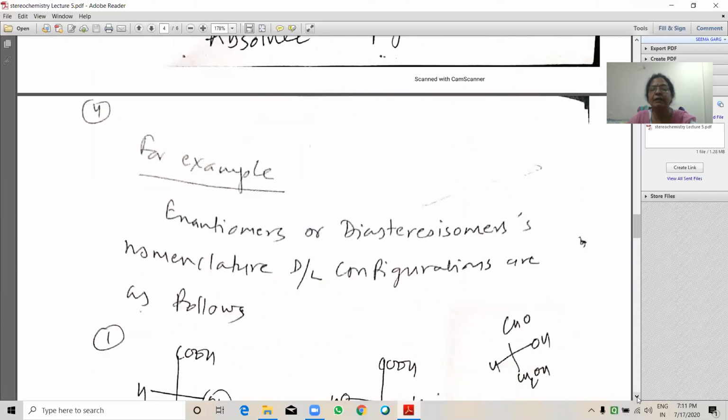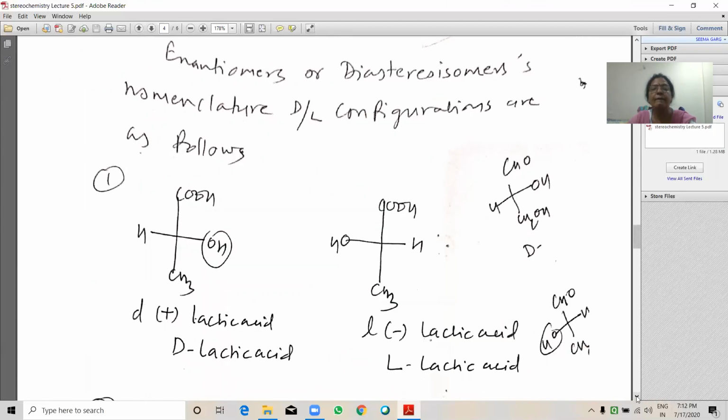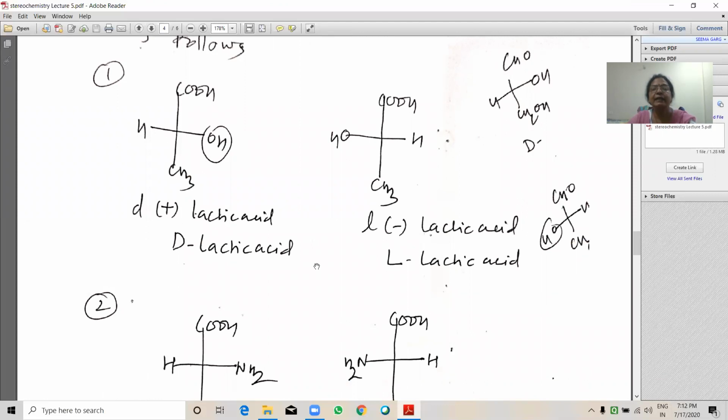For example, enantiomers and diastereoisomers nomenclature, capital D, L configurations are as follows: lactic acid, D-lactic acid, and this levorotatory lactic acid is capital L lactic acid because the hydroxy group is on the left hand side.